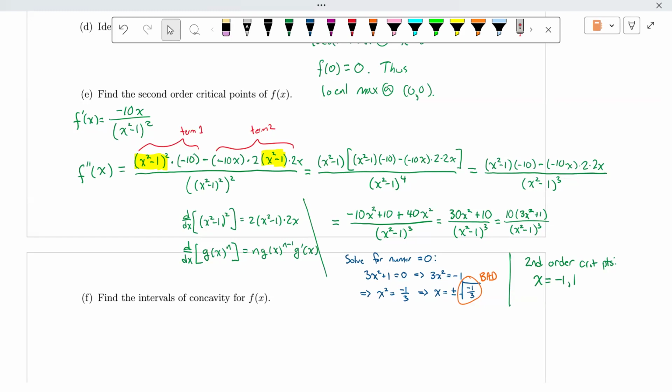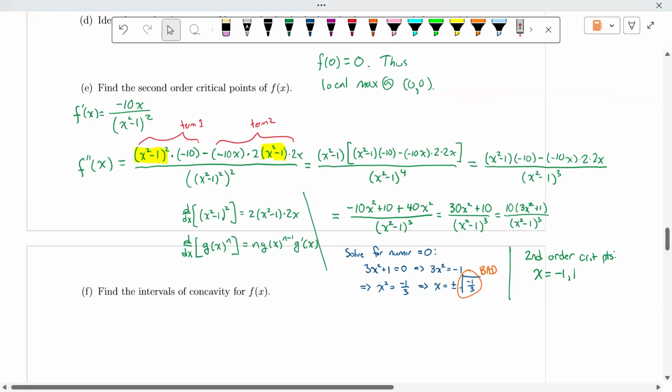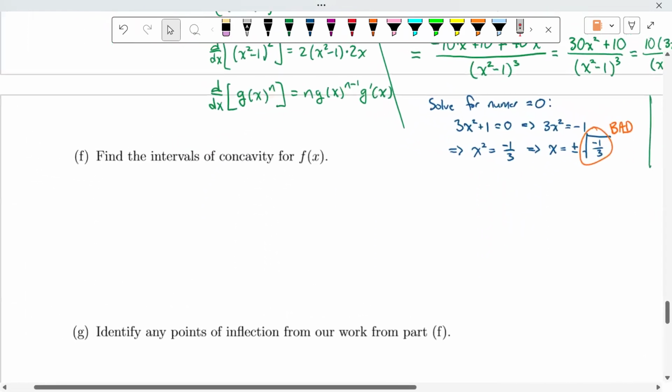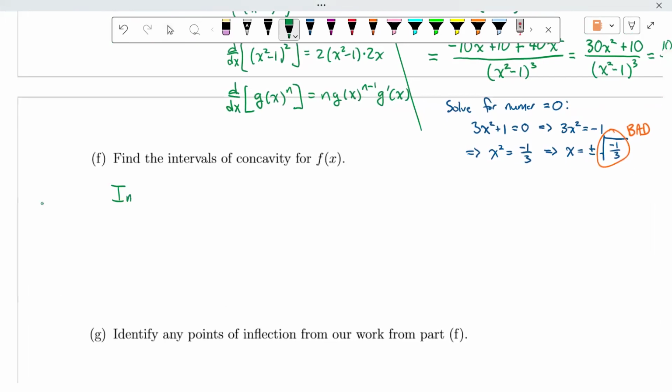All right. Now, just because this is the case doesn't mean none of these second order critical points resulted in the second derivative being 0, but we still have to do these intervals of concavity. So let's do it. Now our second order critical points are -1 and +1, so I should get the following intervals.